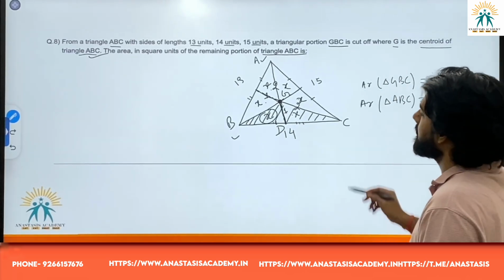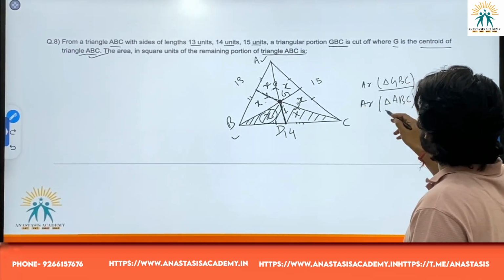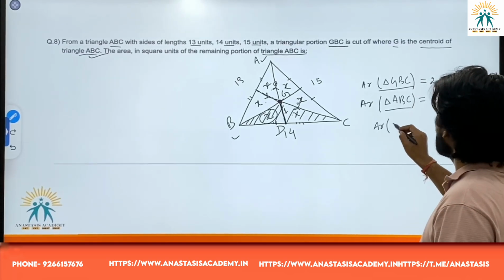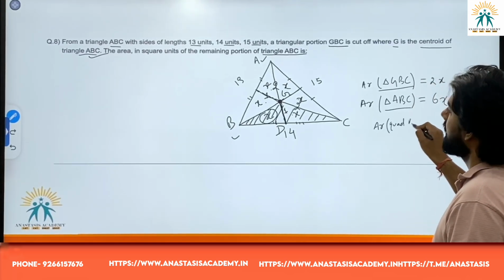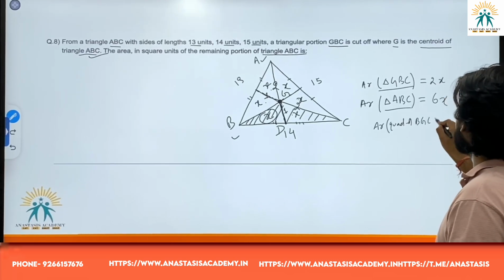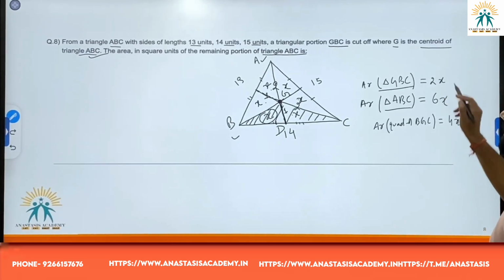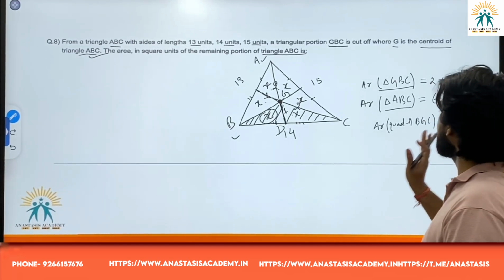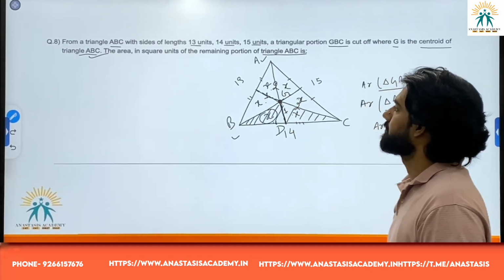So the leftover part, when I subtract GBC from ABC, the area of quadrilateral ABGC, would be 6X minus 2X, that is 4X. Now I need to find the value of X to get the area of this quadrilateral.